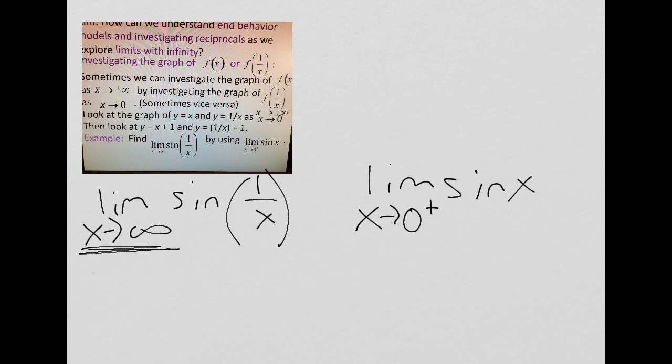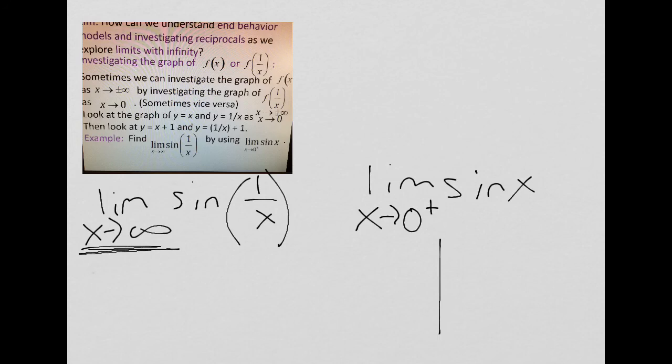All right, so here we go. Our example. We want to know the limit of sine of 1 over x, which I'm not sure of what its graph looks like as x approaches infinity. But I know the graph of sine of x. So if x approaches infinity, I'm going to look at x approaching 0 from the right as I take its limit.